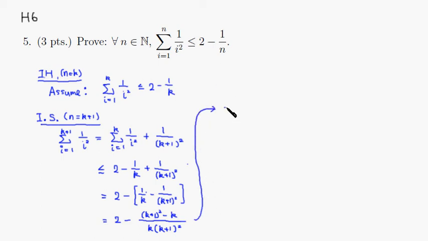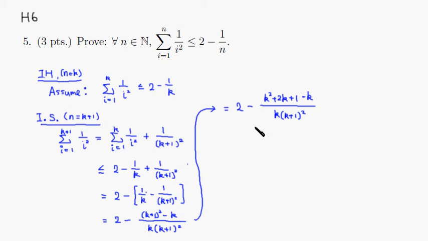So this is going to give you 2 minus, then k plus 1 squared would be k squared plus 2k plus 1, then you subtract k, over k times quantity k plus 1 squared.